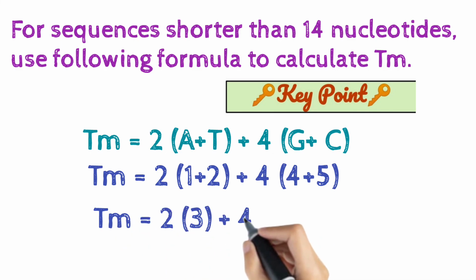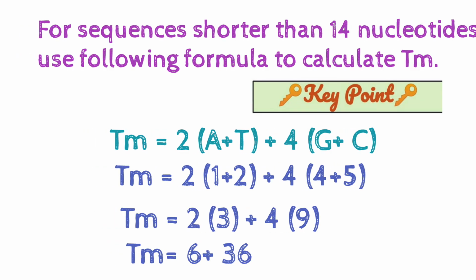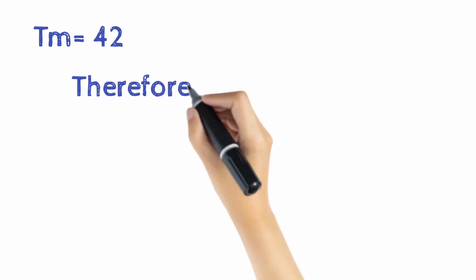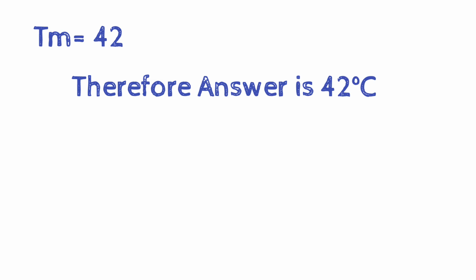So Tm is equal to 2 in bracket 1 plus 2, bracket close, plus 4 in bracket 4 plus 5, bracket close. So Tm is equal to 2 in bracket 3, plus 4 in bracket 9. So Tm is equal to 6 plus 36, since 9 into 4 is 36. So your answer is 42 degrees centigrade.